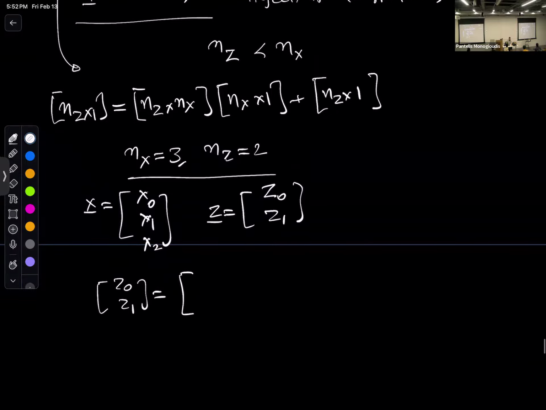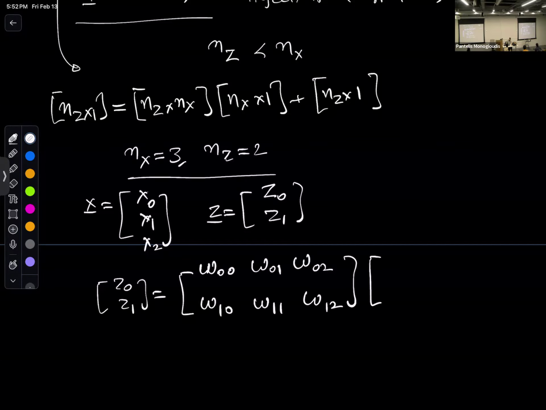The matrix will be 2 by 3: W00, W01, W02, W10, W11, W12, correct?